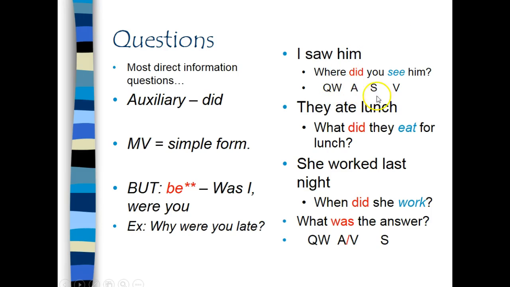Question word, auxiliary, subject, verb. Where did you see him? I conjugate my auxiliary. My main verb goes back to the simple form. They ate lunch. What did they eat for lunch? She worked last night. When did she work?